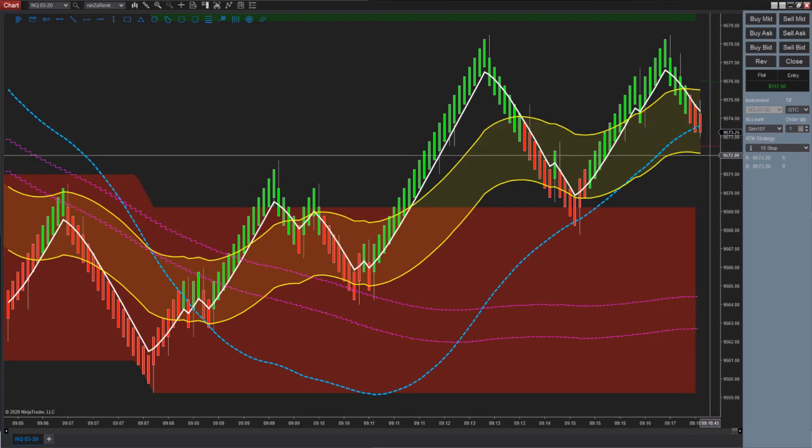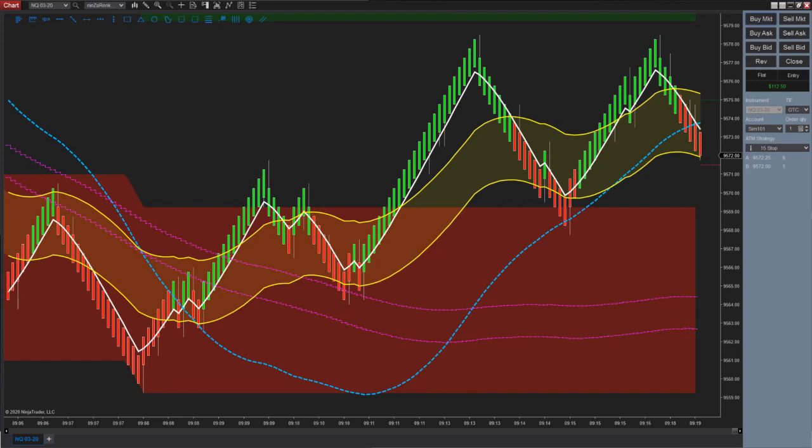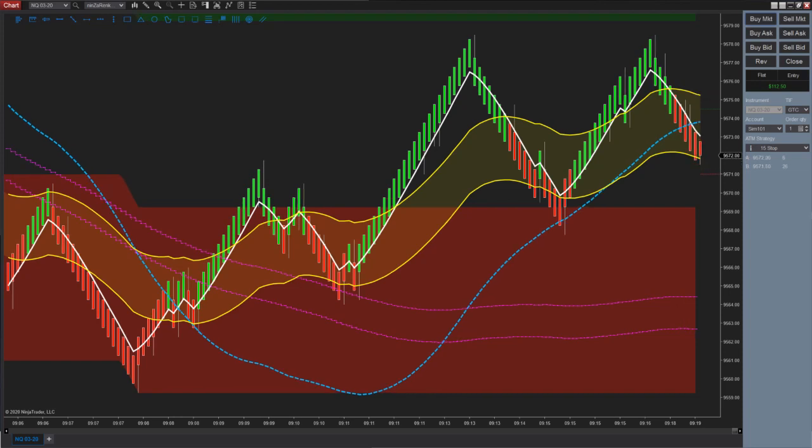We want them to touch here, and then it becomes green, we'll go market. Alright, when that touches and becomes green, we'll go long.